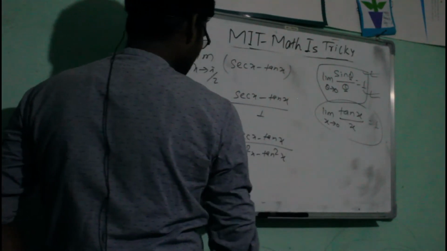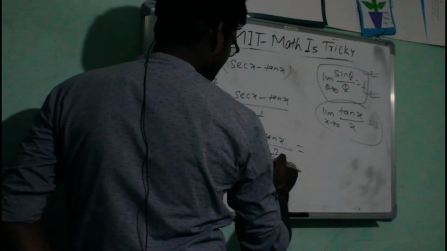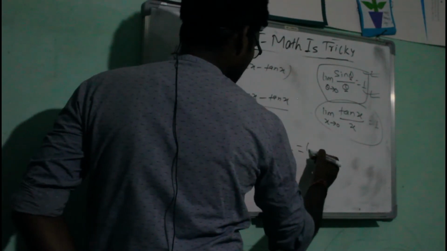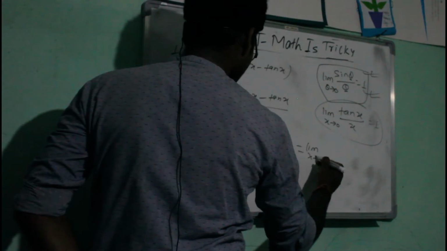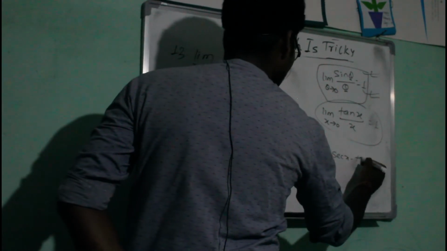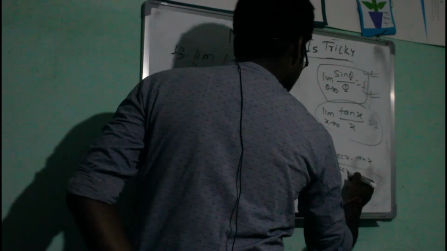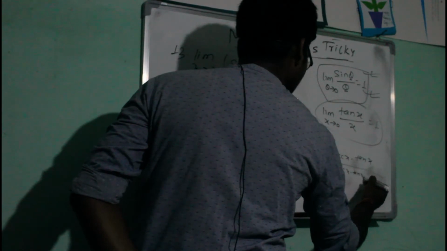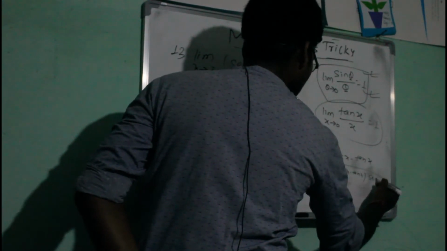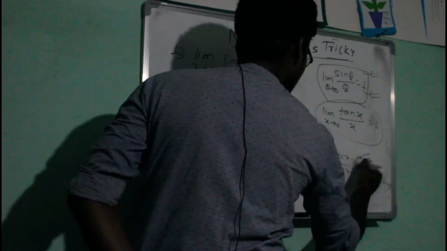Now let's use the formula of a square minus b square, so that it will be cancelled, and we'll be getting limit x tends to pi by 2 of sec x minus tan x, and this is going to be sec x minus tan x times sec x plus tan x, so that this one is cancelled.